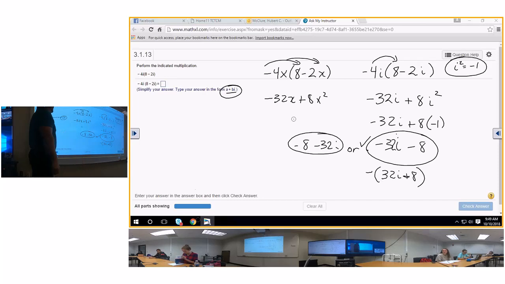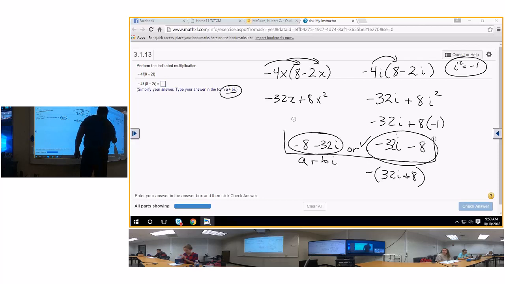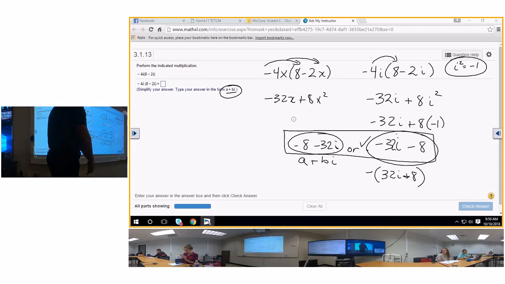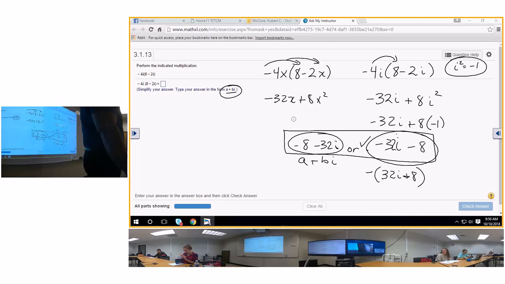They want you to write it in terms of A plus BI. So A plus BI, the I comes second. These are not incorrect, okay? You cannot mark them incorrect. The only way you can mark them incorrect is if the teacher says you didn't follow directions. But mathematically, they're the same.